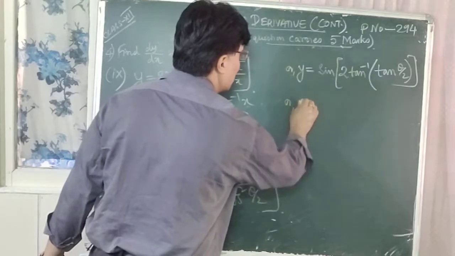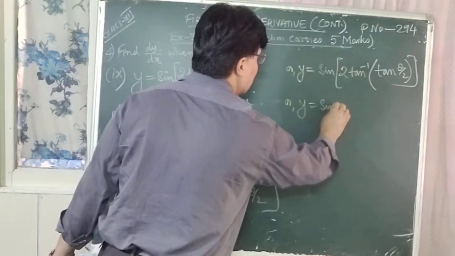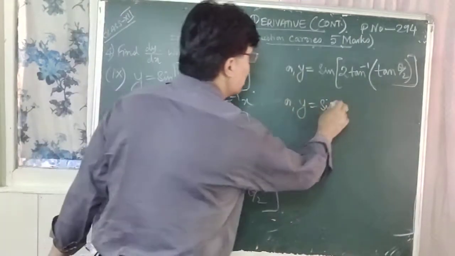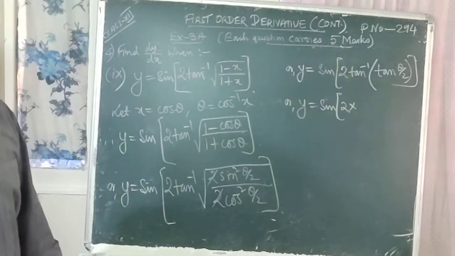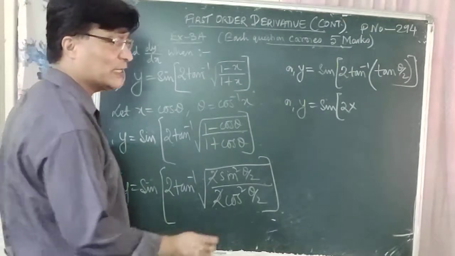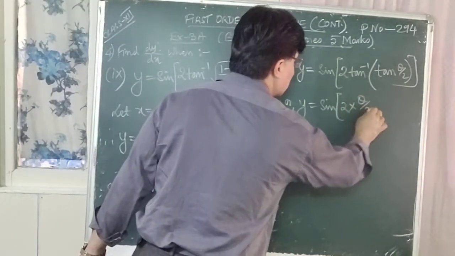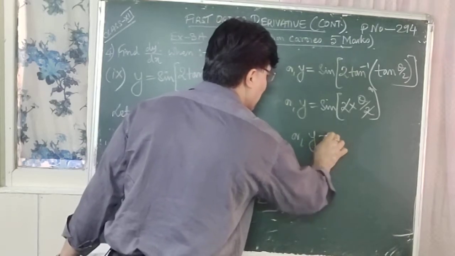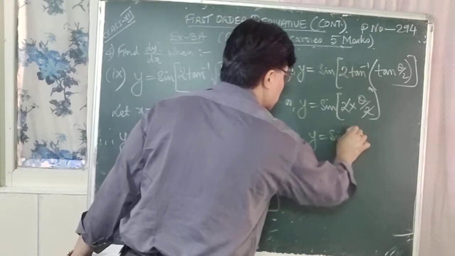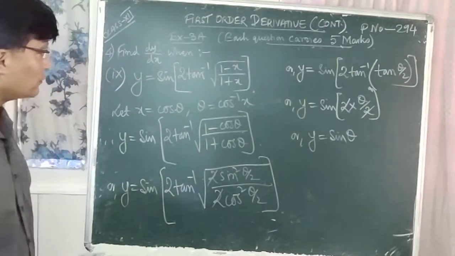Or y is equal to sine within third bracket 2 into, what is tan inverse tan theta by 2? It is theta by 2, right? Here the 2s cancel. Or y is equal to sine theta.